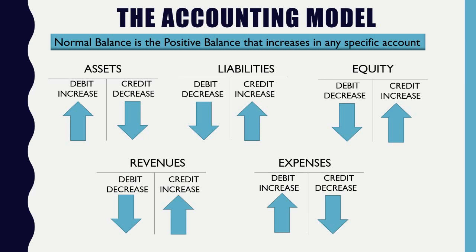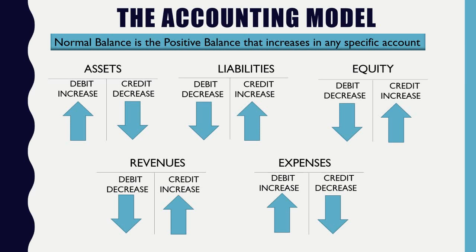That means they are increased by debits and decreased by credits. Okay? While your liabilities, your revenues, and your equity flow in the same direction too. They are typically increased with a credit and typically decreased with a debit.